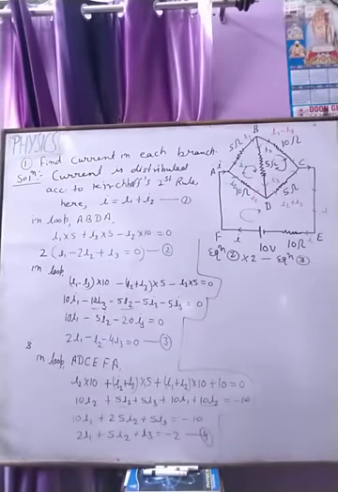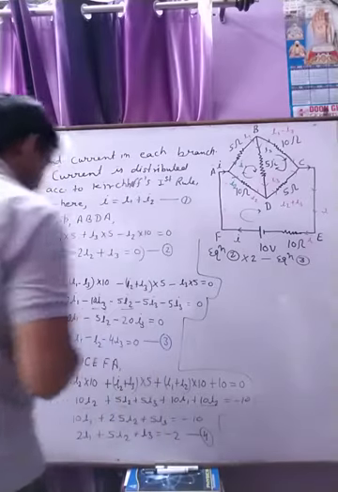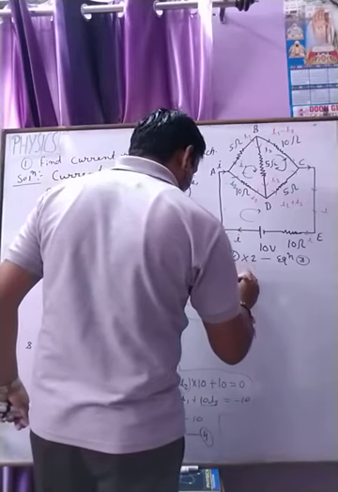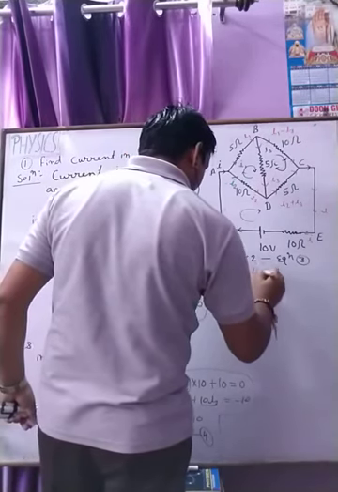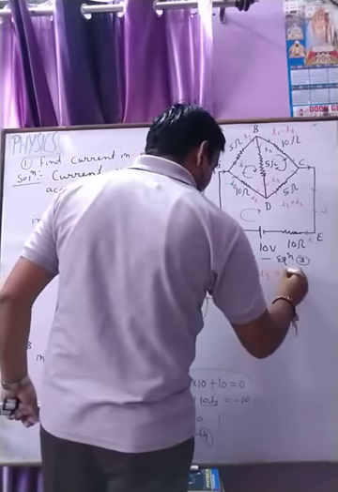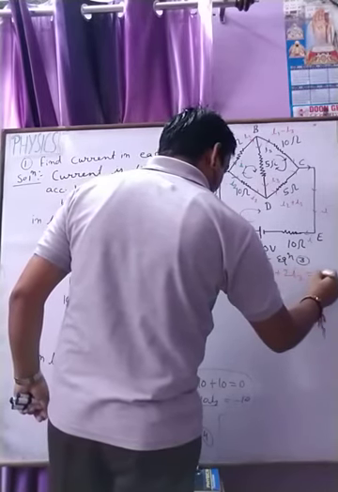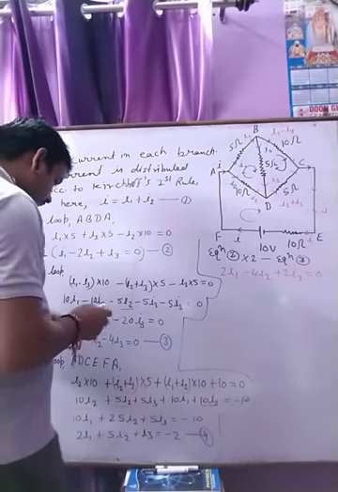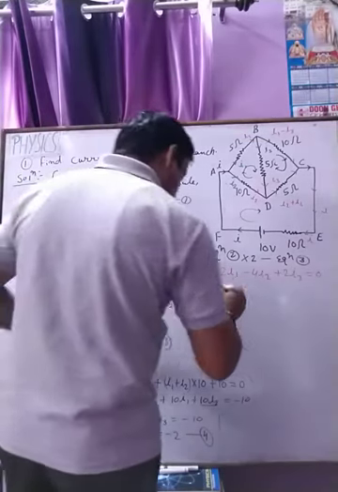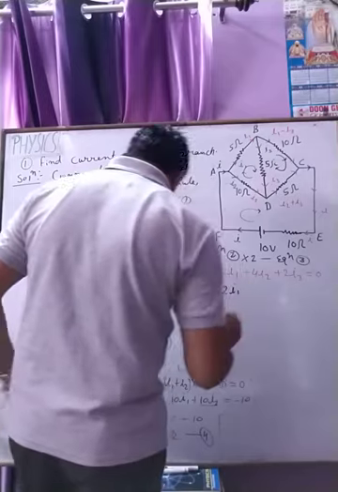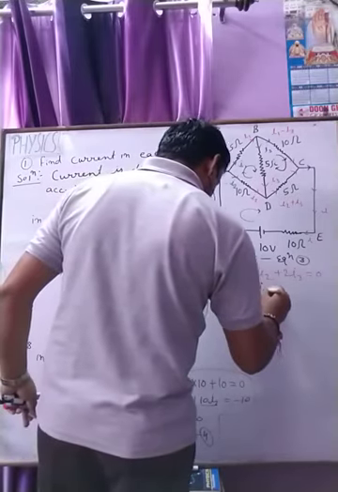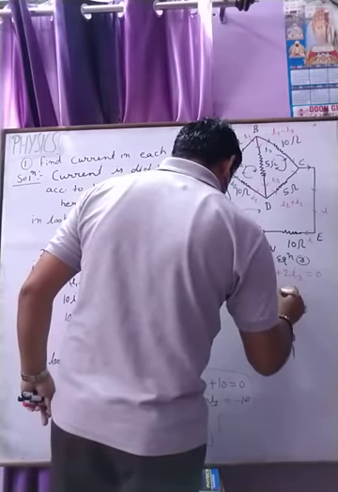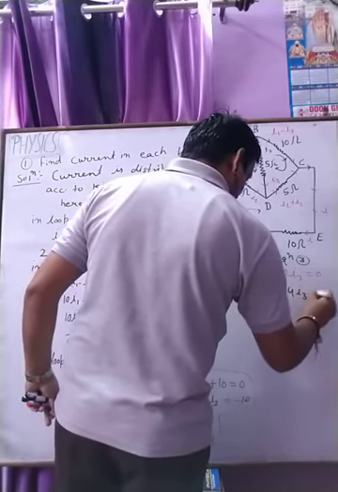We get 2I1 minus 4I2 plus 2I3 equal to 0 and 2I1 minus 3I2 minus 4I3 equal to 0.